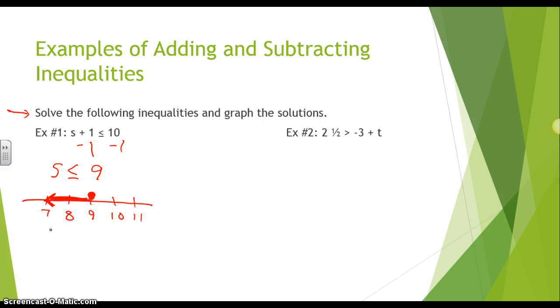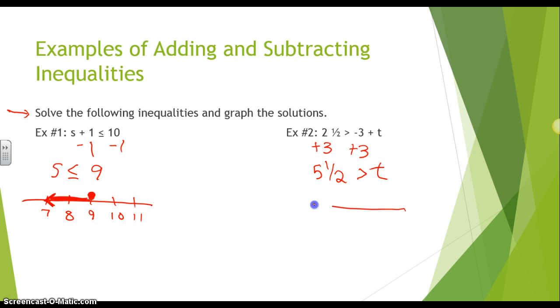We have 2.5 is greater than -3 plus t. Again, we want to get the variable t all by itself on the right side, so I will add 3 to the right, add 3 to the left. 2.5 plus 3 is going to give me 5.5, which is greater than t. So I have solved for this inequality, so now I need to graph.